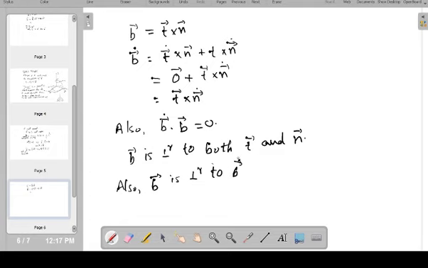This is because B has magnitude equal to 1 always. Just a second.